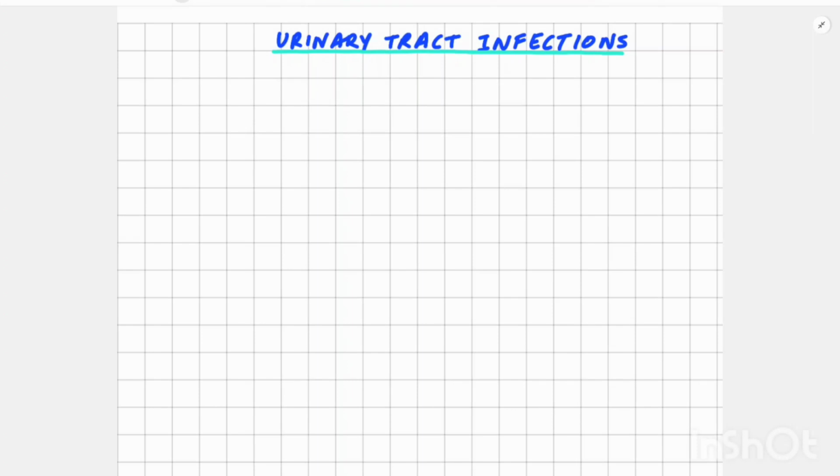Today, we are going to discuss the topic urinary tract infection, which is the most important topic for your exams and for clinical practice also. Urinary tract infections involve the urinary bladder, and second, they involve the kidneys.